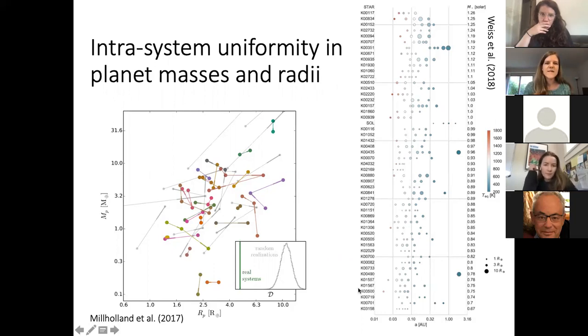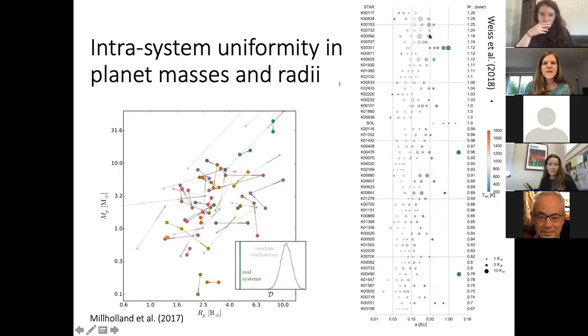That is, planets within the same system tend to have similar masses and radii as one another. You can call it intra-system uniformity, or peas in a pod is a more catchy way to say it. But this was first pointed out by Weiss et al. 2018, and then our work from 2017.